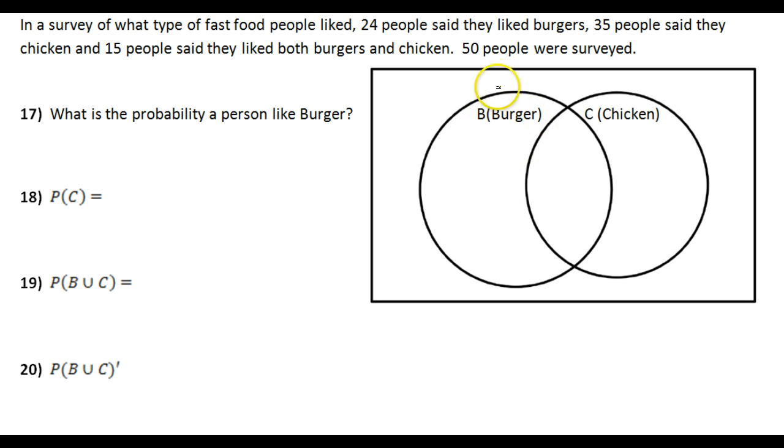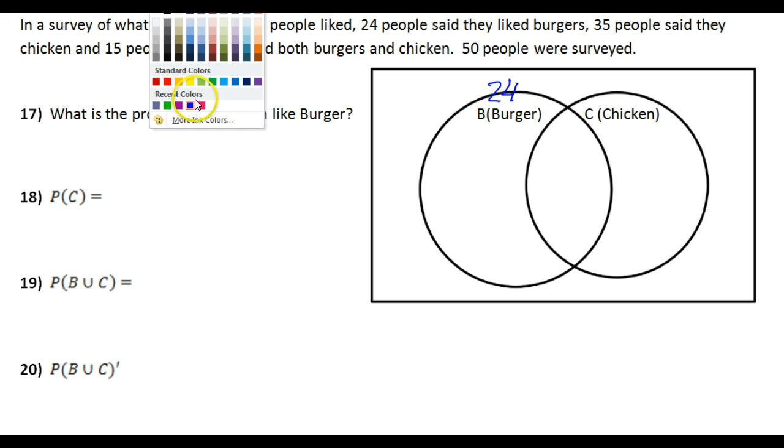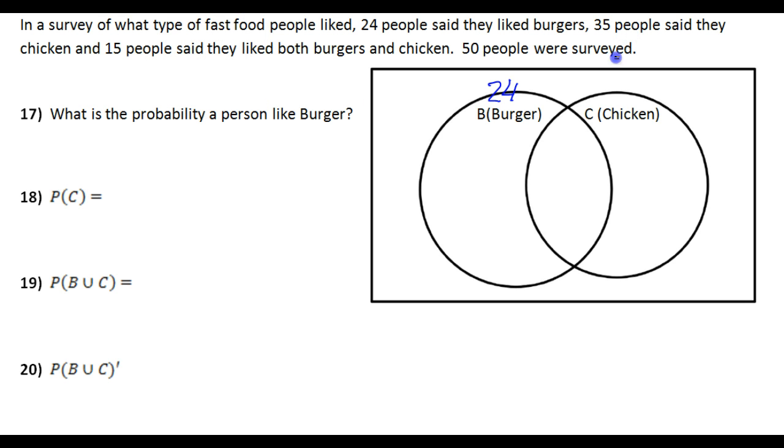Okay, so in other words, the burger people, total of 24 people like burgers, regardless of whether or not they also like chicken. And the chicken people, 35 people said they like chicken. Some of those 35 people also like burgers, but they're all counted.